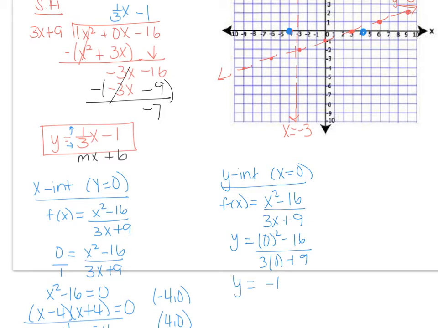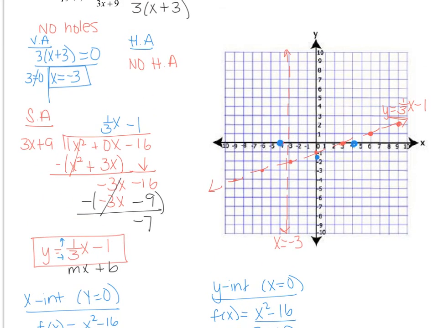So y is equal to negative 16 over 9, which you can find a decimal equivalent if you'd like, which is approximately negative 1.78. So my y-intercept is (0, -1.78). So about here.